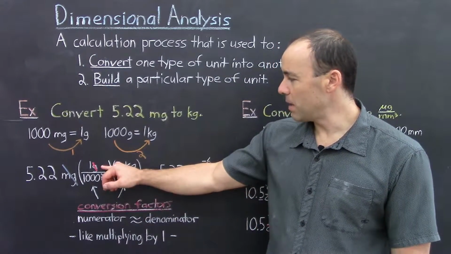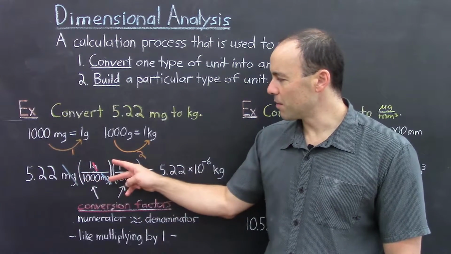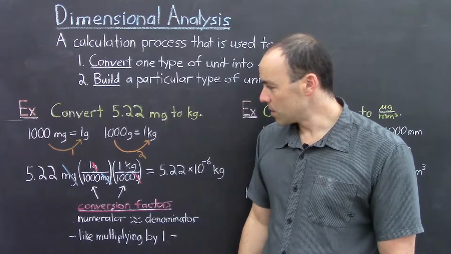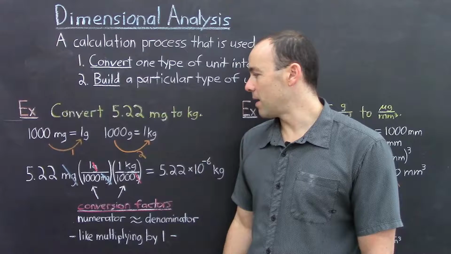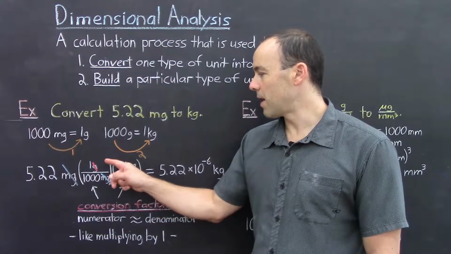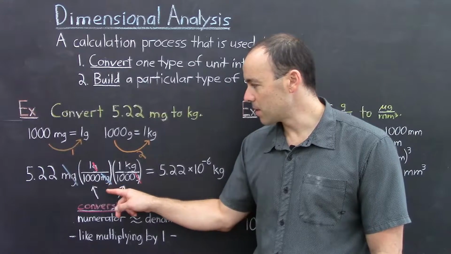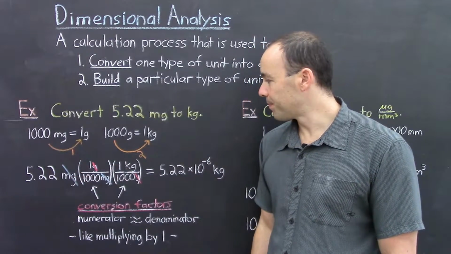So a gram equals 1,000 milligrams. And when you multiply by a conversion factor, it's like you're multiplying by 1. So let's see how it goes. 5.22 milligrams multiplied by 1 gram divided by 1,000 milligrams. When you multiply by this, the milligram units cancel and you're left with gram.